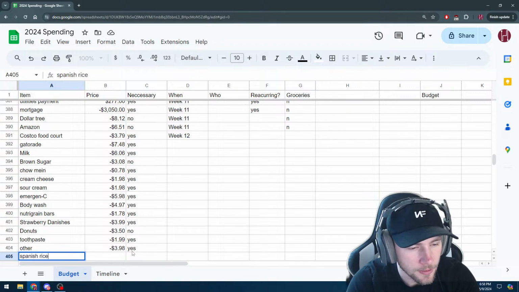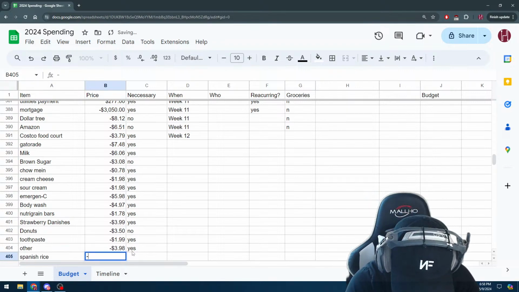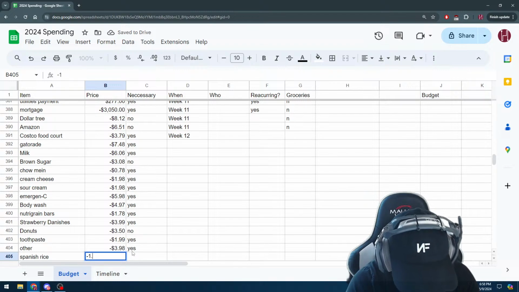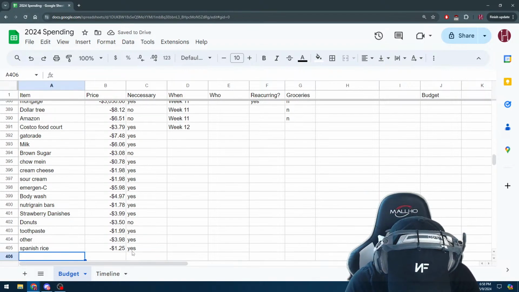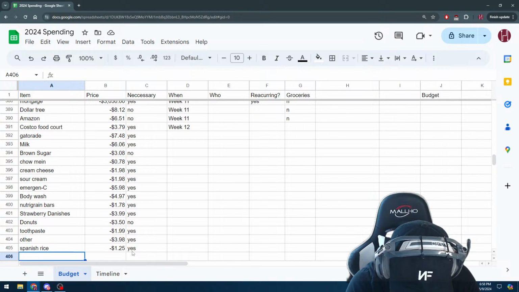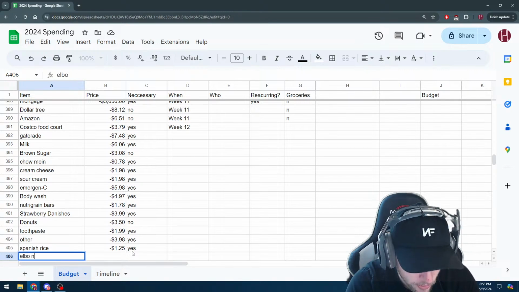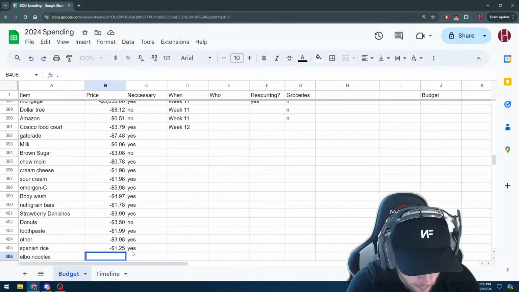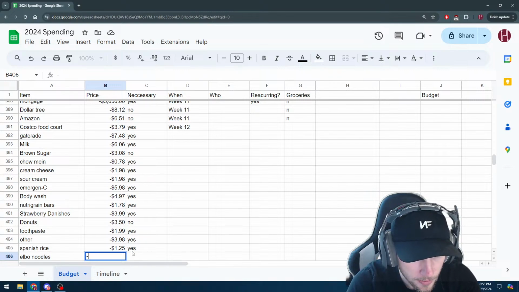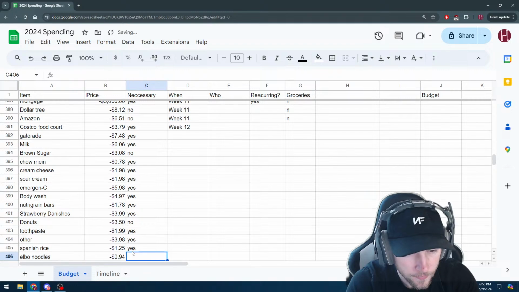Spanish rice. Sometimes these receipts are hard to read, but I think the main point is just to try to get as many things as possible. Elbow noodles, minus 0.94.